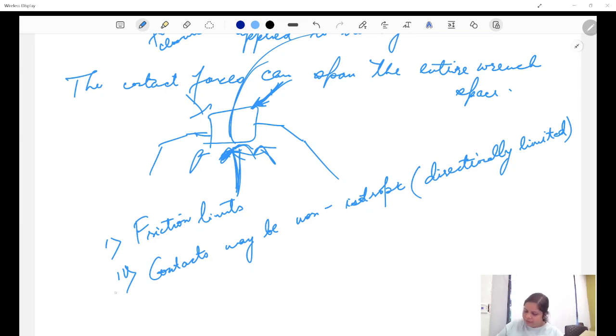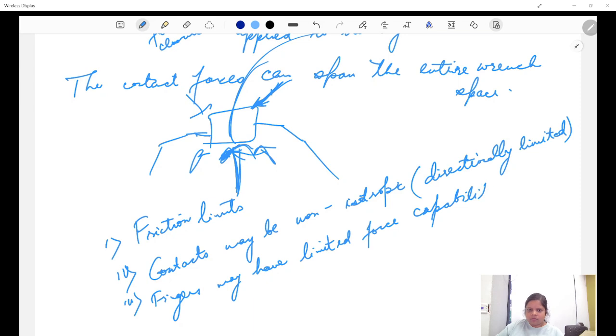And then the fingers may have limited force capabilities. Okay, so even if a grasp is in force closure theoretically, in practice it might not be able to resist very large or very fast disturbances. It may only resist some of them within limits.